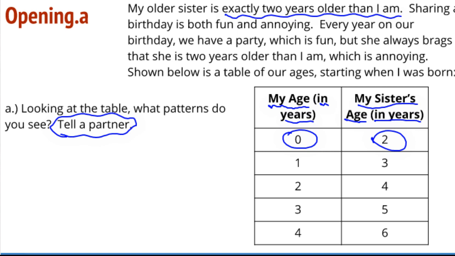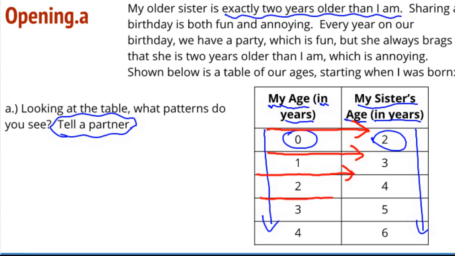One of the first things that frequently jumps out at students is we have an increasing by 1 as we go down the columns. As we go across the columns, I am observing that the column is always 2 greater than the first column.